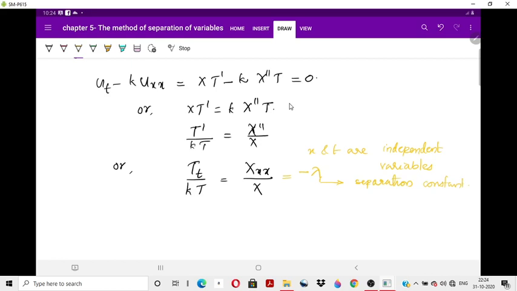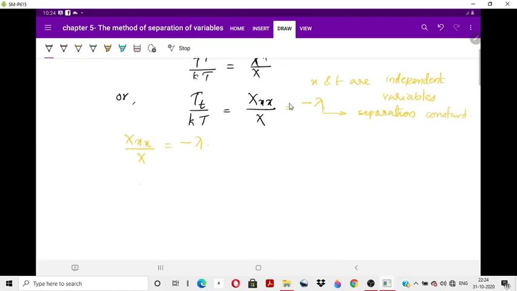Okay, now we first consider the ODE, ordinary differential equation. X double dash by X is equal to minus lambda. That is, X double dash is equal to minus lambda into X. X double dash means d square X by dx square plus lambda X equal to 0.